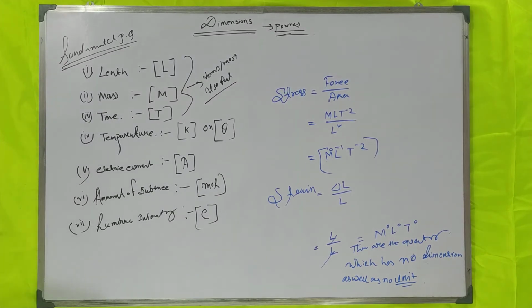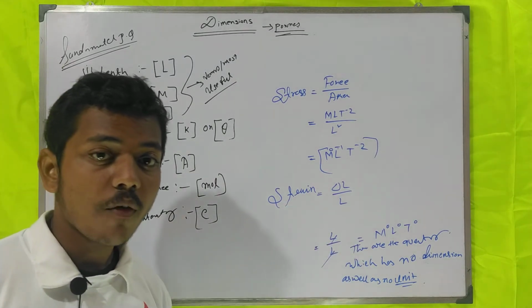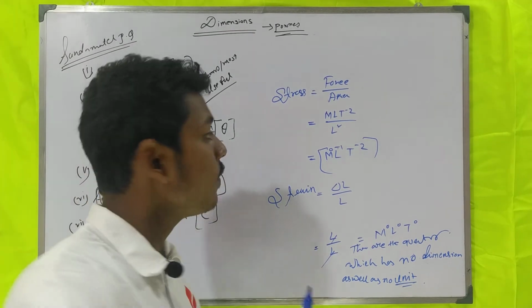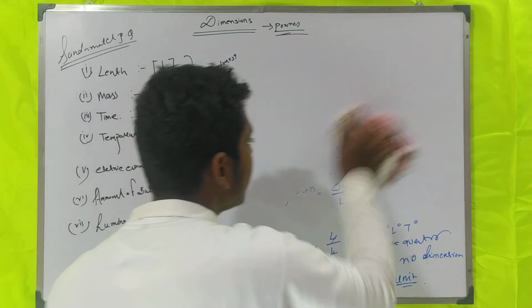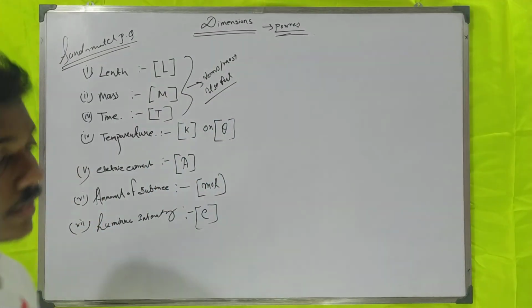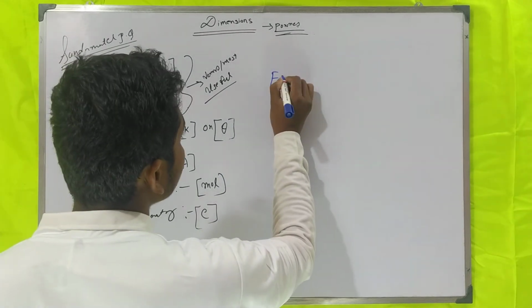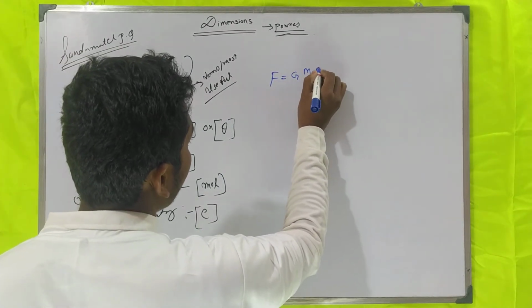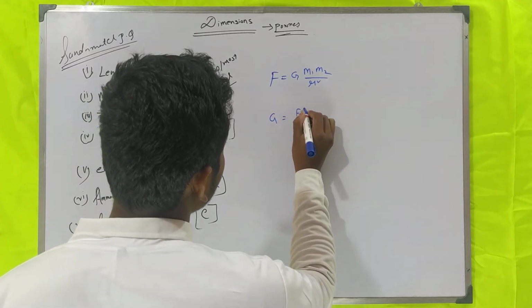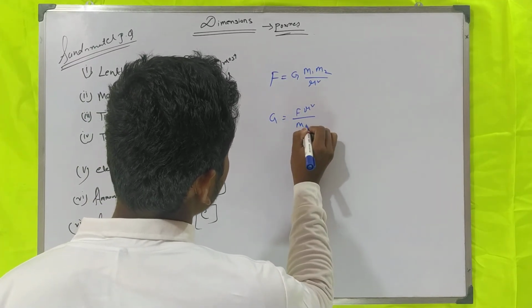Now we'll find the dimension of constants, such as the Coulomb constant and the universal gravitational constant, that is G. So you can find F is equal to G m1 m2 by r square. So G is equal to F r square by m1 into m2.